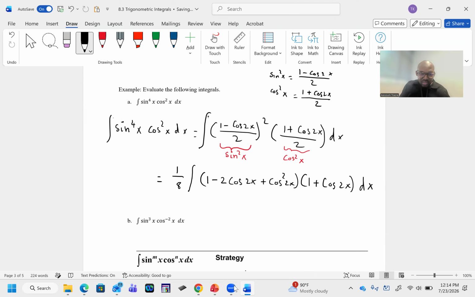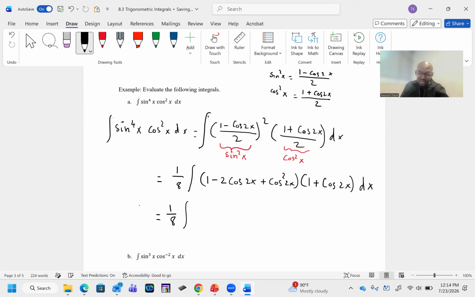Then we will distribute this as well again. If I distribute one more time, 1 times 1 is 1, and then I'll combine like terms as well, okay? 1 times cosine of 2x is cosine of 2x, but negative cosine of 2x times 1 is negative 2 cosine of 2x.